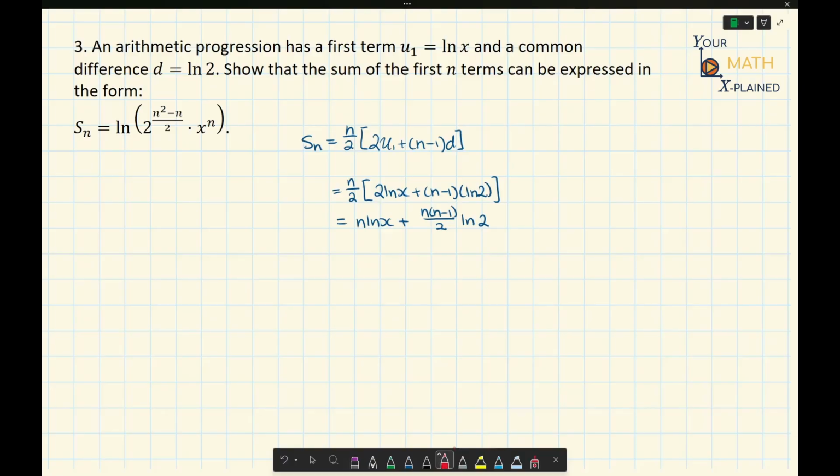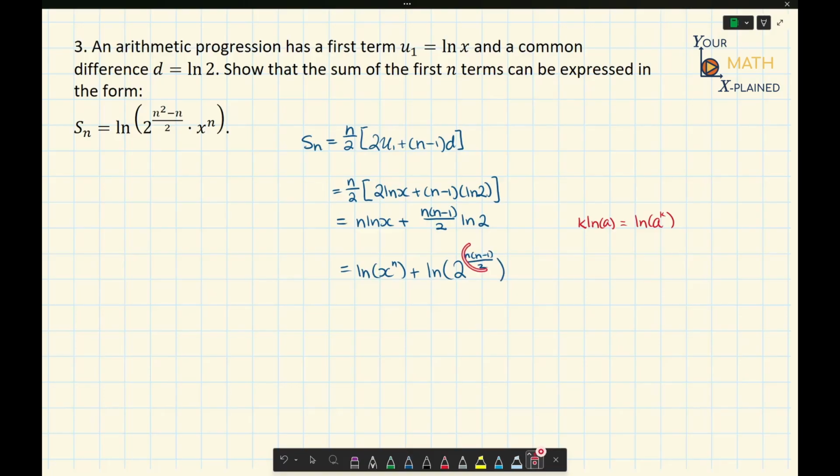Next, we're going to apply the logarithm power law, which says that if we have k times ln of a, this is the same as ln of a to the power of k. So that means this is equal to ln of x to the power of n plus ln of 2 to the power of n times (n minus 1) over 2.